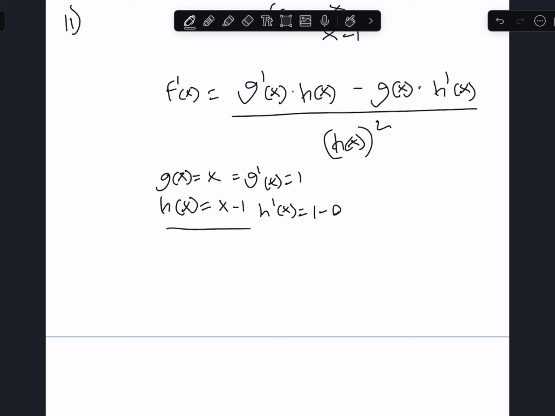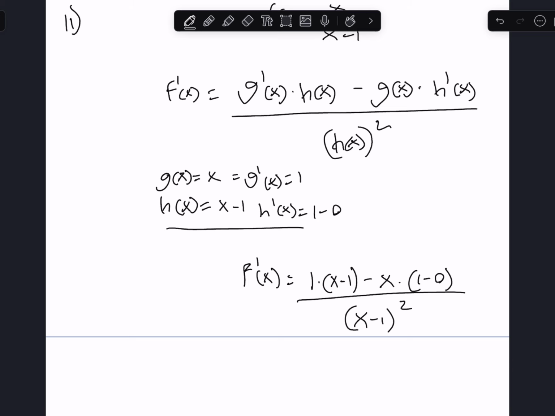So now we just simply input all of our variables, and we get f prime of x equals 1 times x minus 1 minus x times 1 minus 0, over x minus 1 squared.